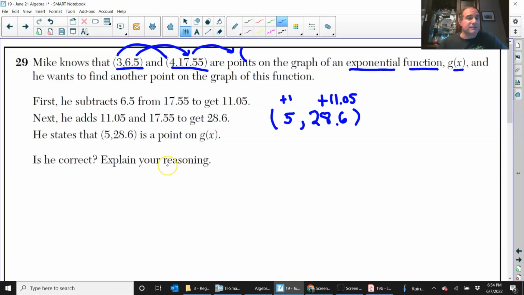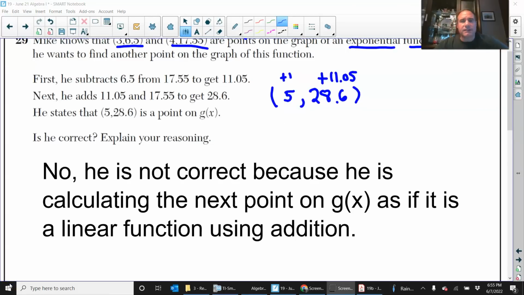Is he correct? Explain your reasoning. And basically he's not correct because he's calculating the next point on g of x as if it is a linear function. He's using addition to do it. So exponential functions do not work that way. And that is your answer.